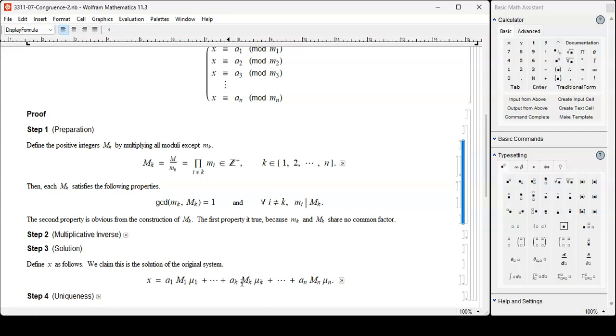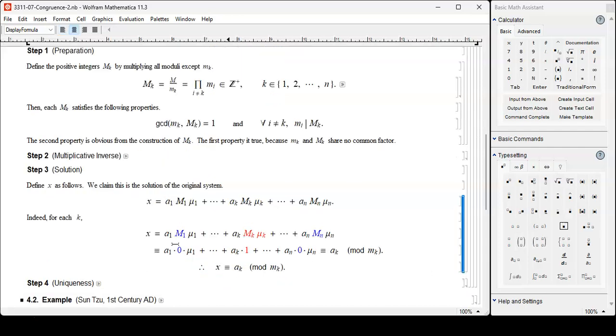And we are particularly interested in the kth one. For that kth, this mk is included in this product, and the second, third, fourth. And then other than kth, that mk is all included here. So the result, capital M1 includes small mk, capital M2 includes small mk and so on.